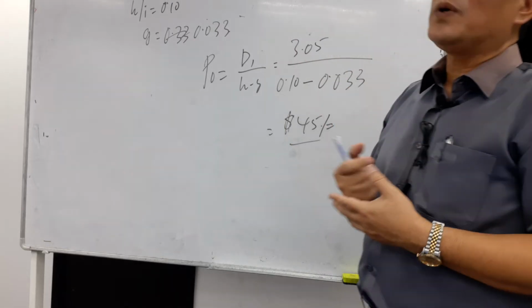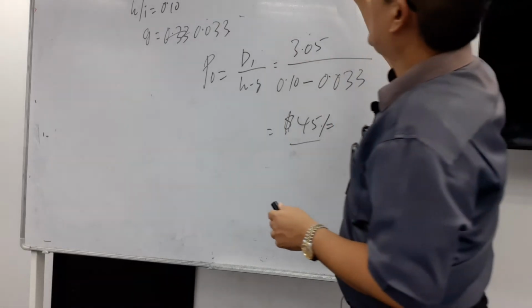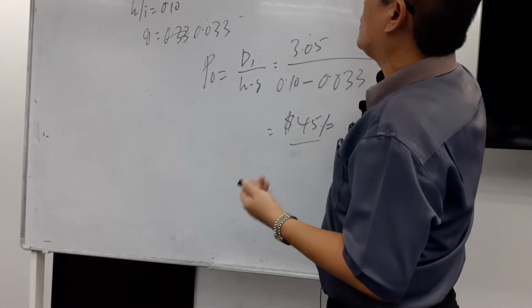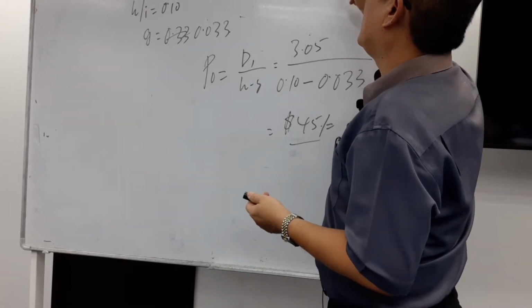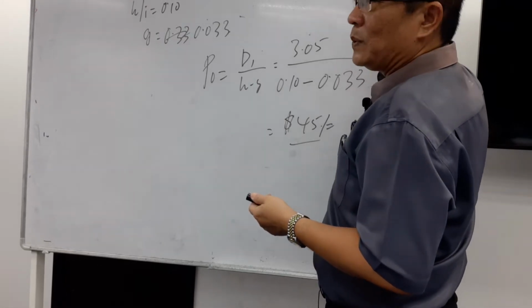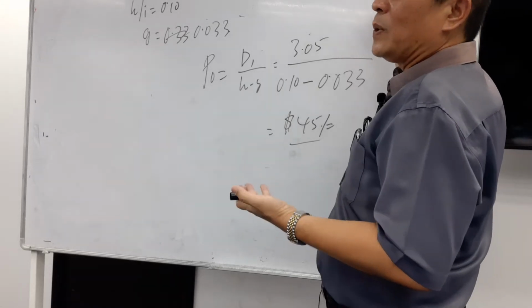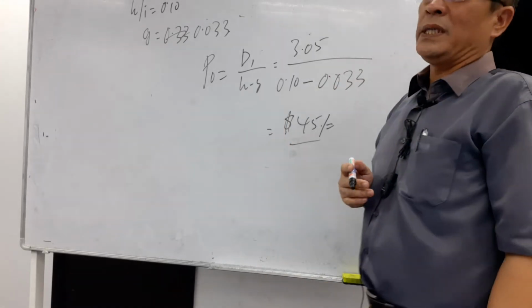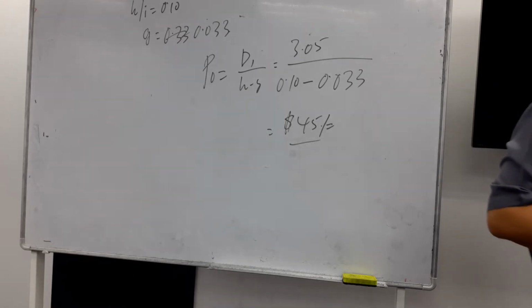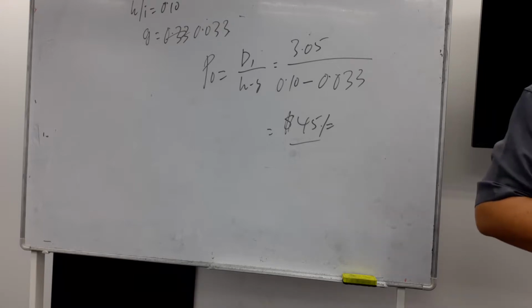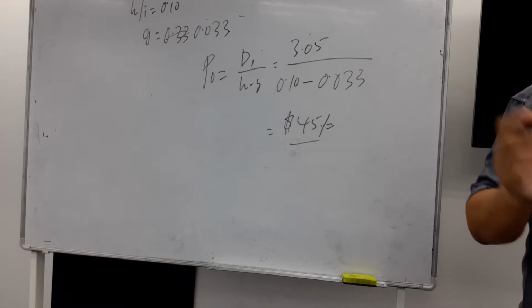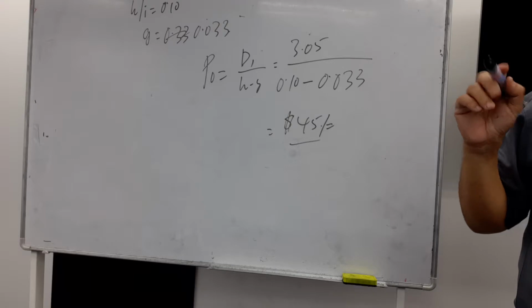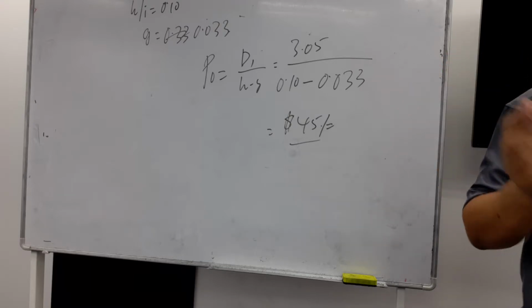So the no growth model is nothing more than constant growth where G is 0, so there's no growth. I don't include it in our 4 techniques because it is essentially a constant growth model with growth put as 0.